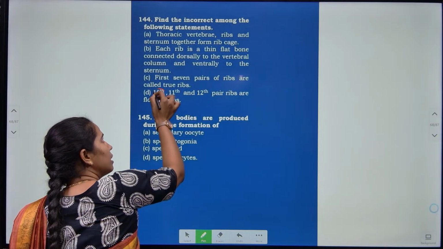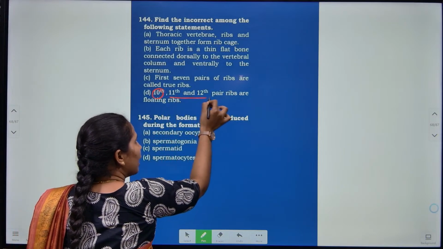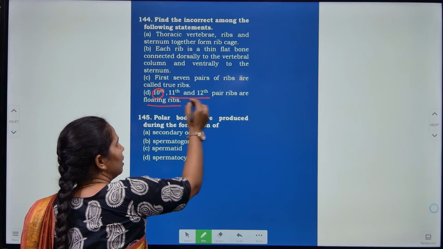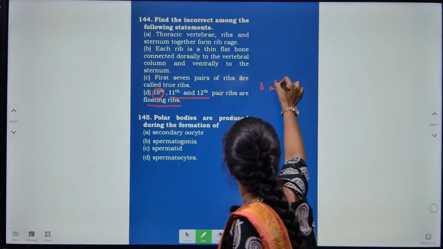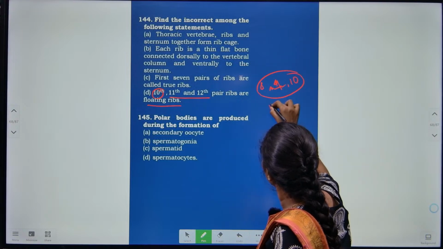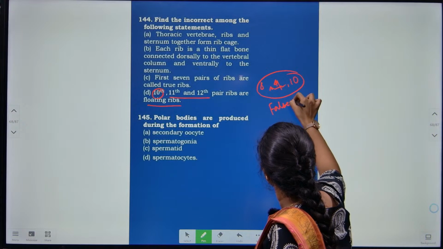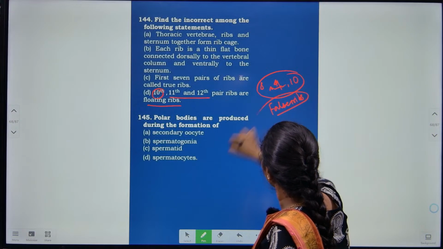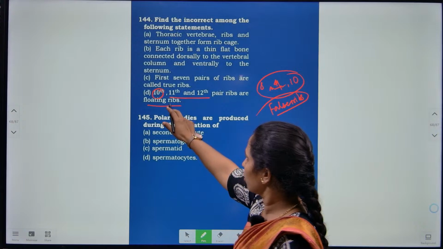It is not 10th, but only 11th and 12th ribs are called floating. But here 8, 9 and 10th ribs are called the false ribs here, as they are not connected to the sternum here. They are not the floating here.